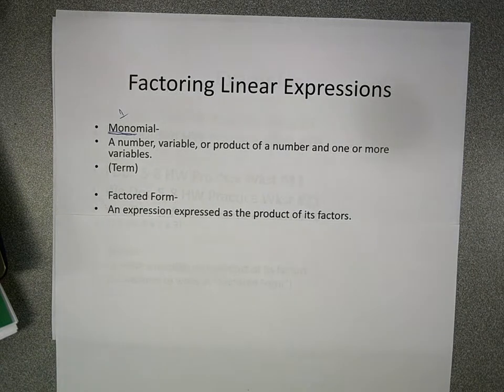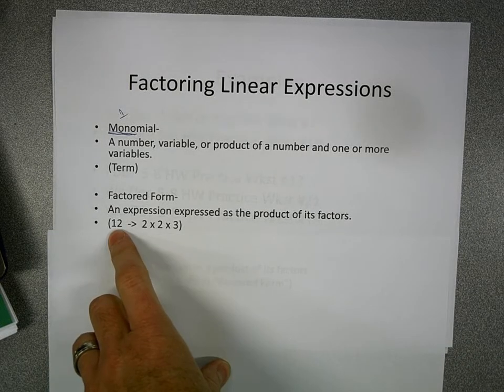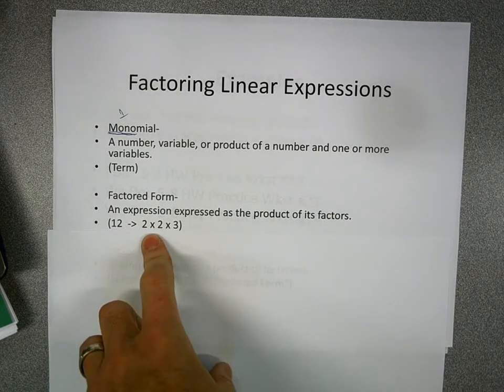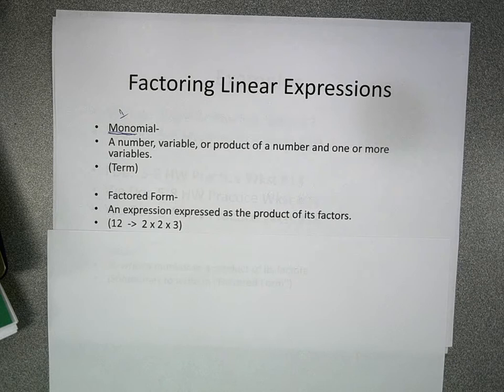That's pretty much what this is. When you get down to the bottom, factored form looks like this. If you have a 12 and you're factoring it, factored form could be 2 times 2 times 3. That would be an example of prime factorization. You're factoring it out to be a bunch of prime numbers. 2 times 2 times 3 would be 12. That would be factored form.